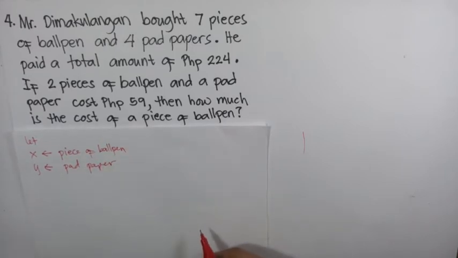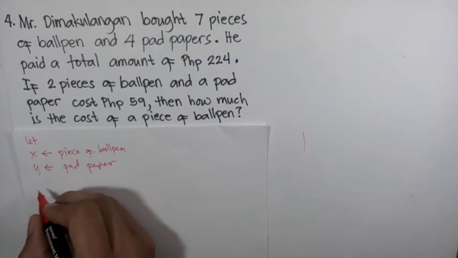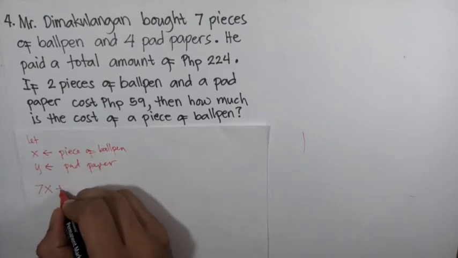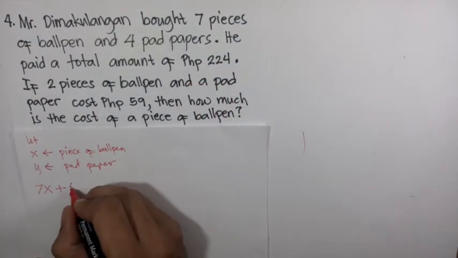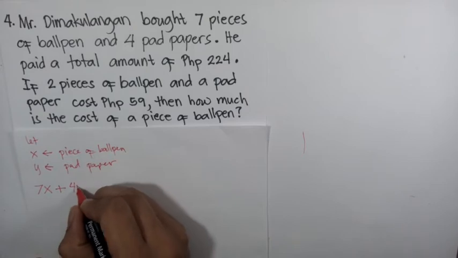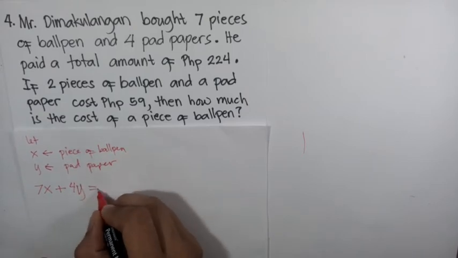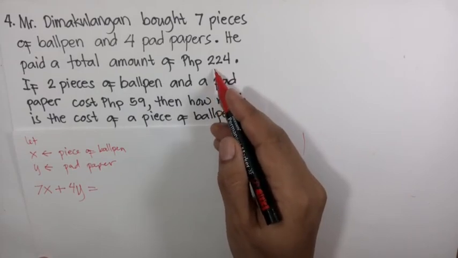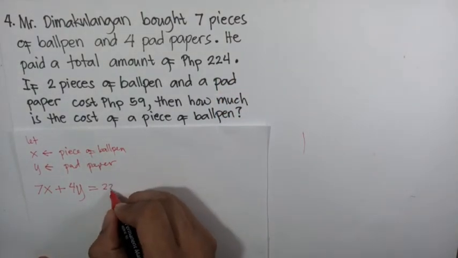Now again, this time we are ready to translate. So 7 pieces of ballpen, so x, plus 4 pad papers, which is y, equals how much he's going to pay for that. So it is 224.